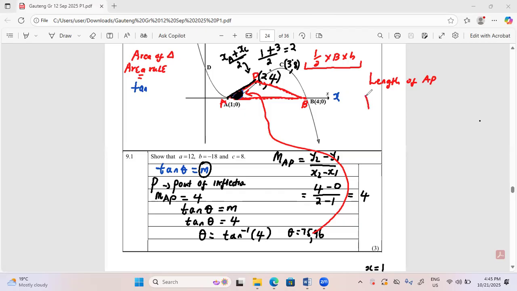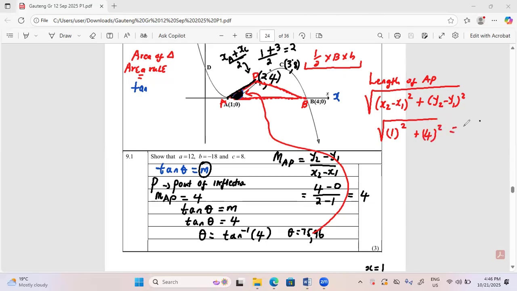You're going to say the root of x2 minus x1 squared plus y2 minus y1 squared. So you're going to say 2 minus 1, which is 1, you square it, plus y2 minus y1, which is 4 minus 0, which is 4, you square it.